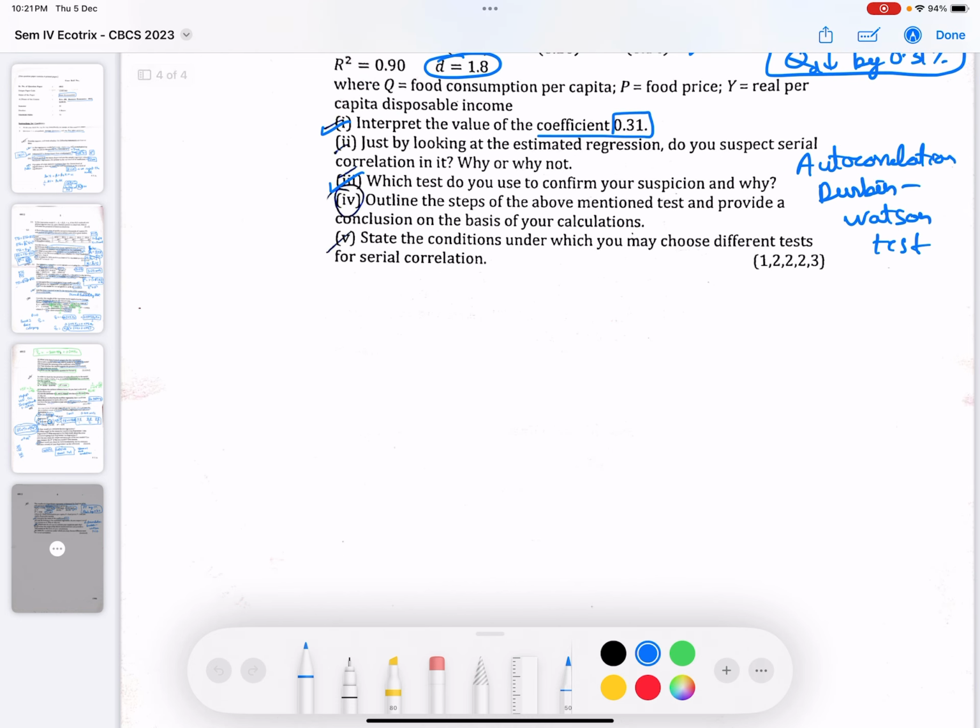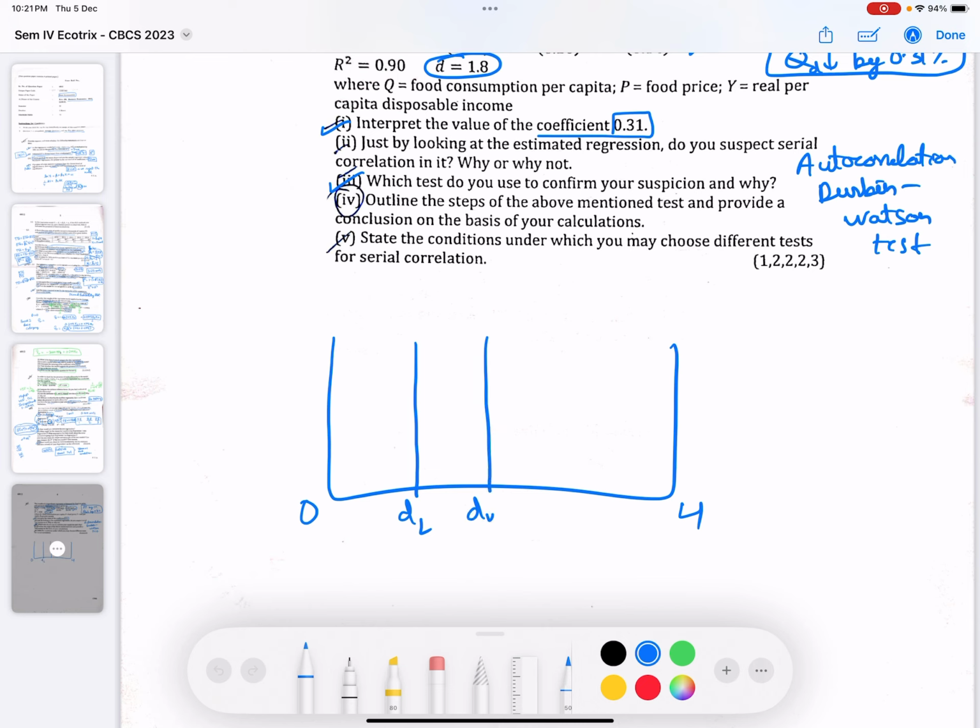So for all those who have studied the Durbin-Watson test, its range is from 0 to 4. Here we have dL, then dU, 4 minus dU, 4 minus dL. The Durbin-Watson value is 2 times 1 minus rho.